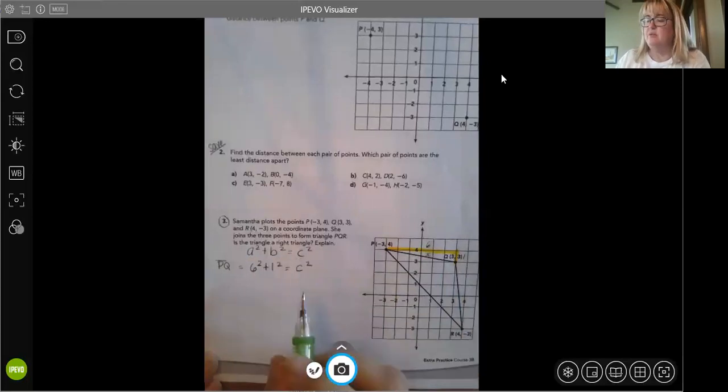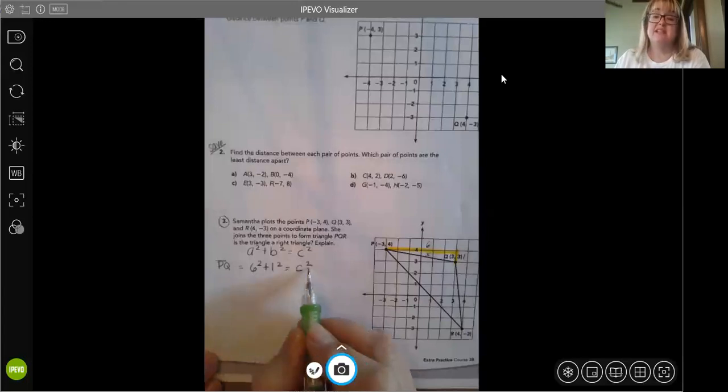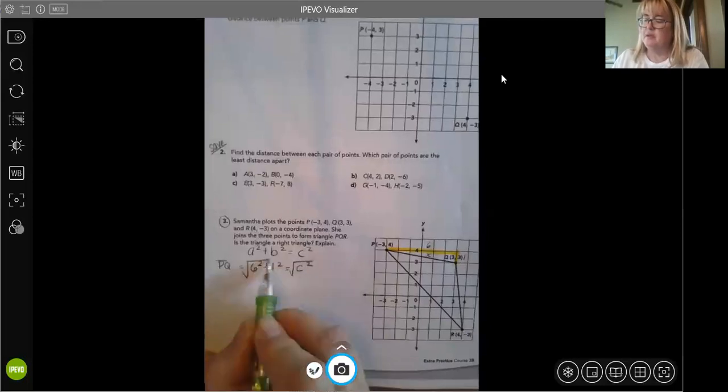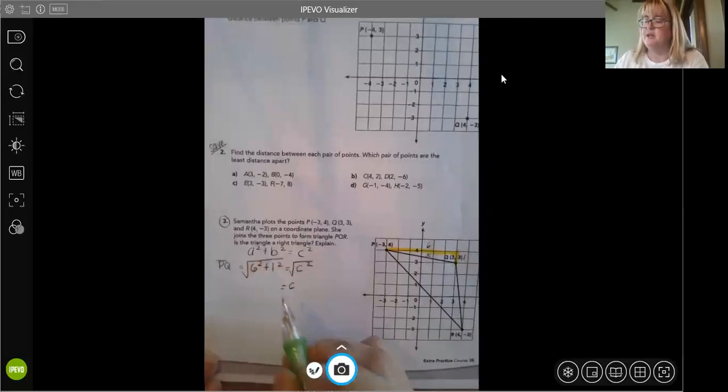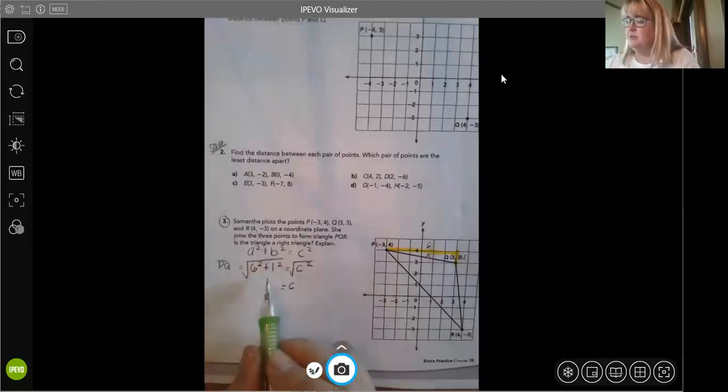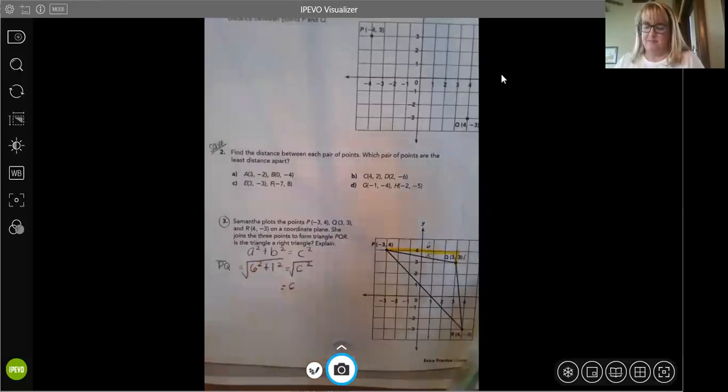Now we don't want c squared, we want c. So to unsquare it, we're going to find the square root, but we're going to find the square root here too. The reason is we can put this in our calculator in 1 step instead of 2. So we're going to get our calculator.